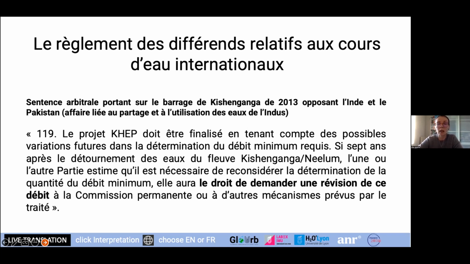So, for example, here's a 100-year decision relating to the dam of Kishanganga, dating back to 2013, where India was opposed to Pakistan, and it concerned the share and use of the Indus water. So it was considered that the project had to be finalized, taking into account the possible future variations with respect to determining the minimum flow rate required.